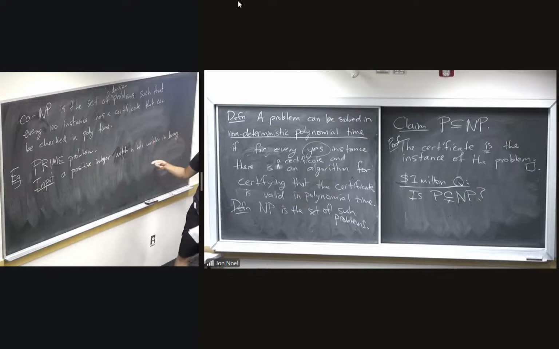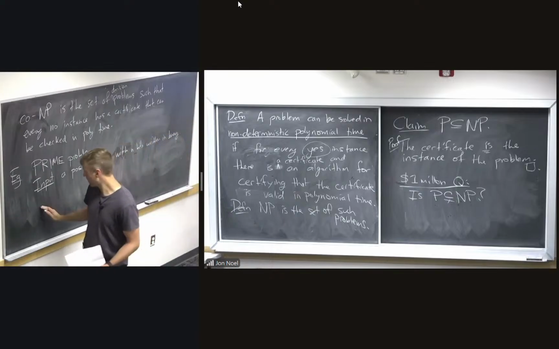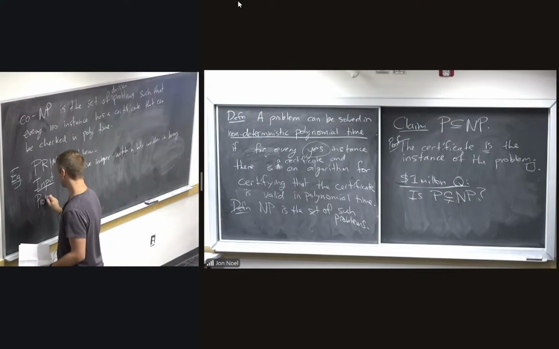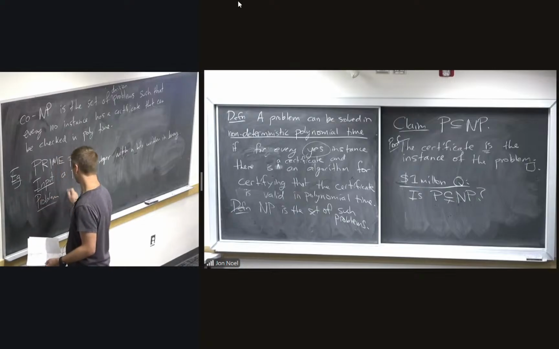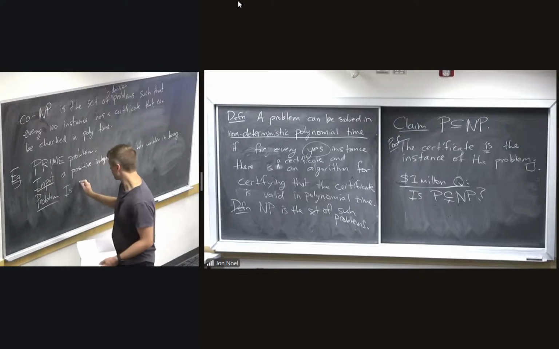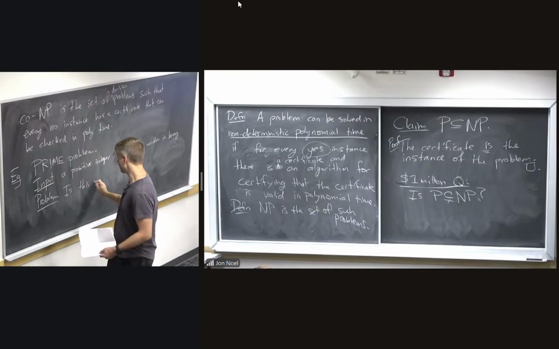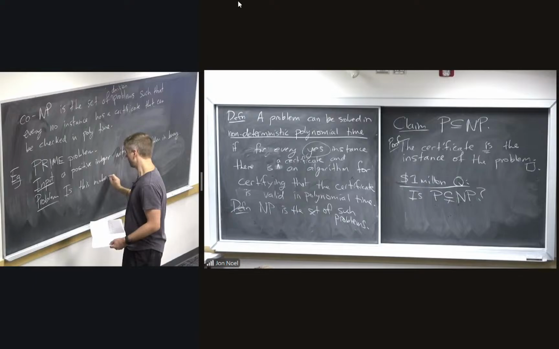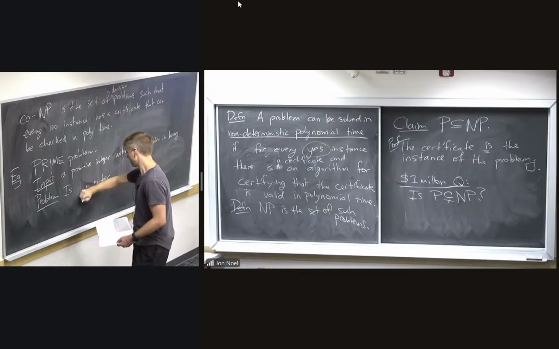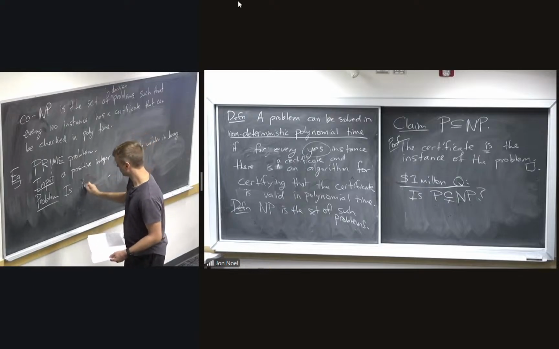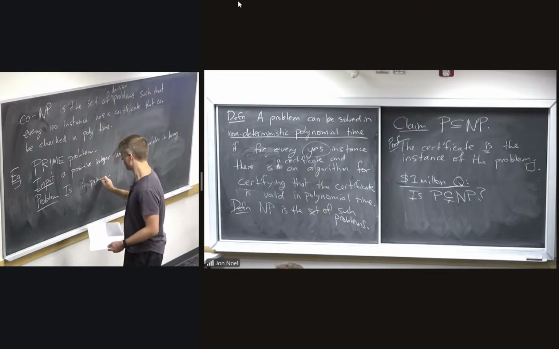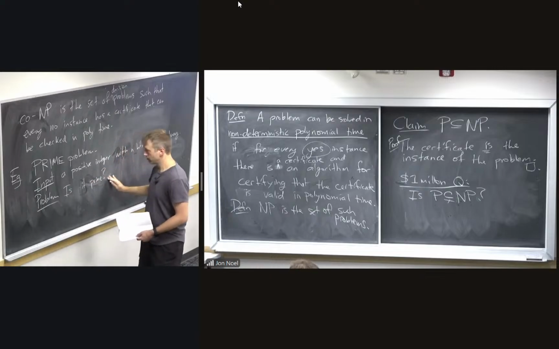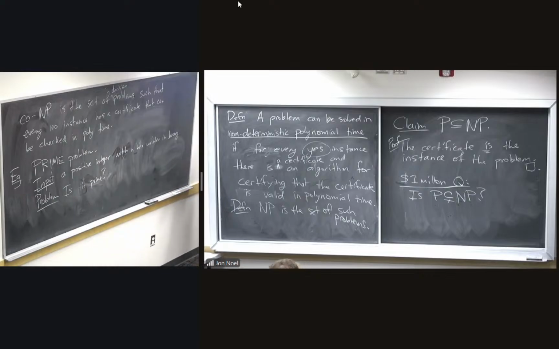Or you could say it's got n digits and it's written in base 10. It doesn't really matter. And the problem is: this number, is it prime? I claim that this very naturally lives in co-NP.